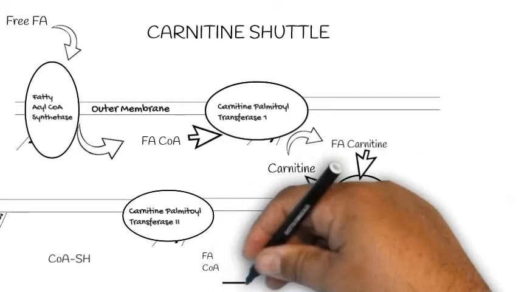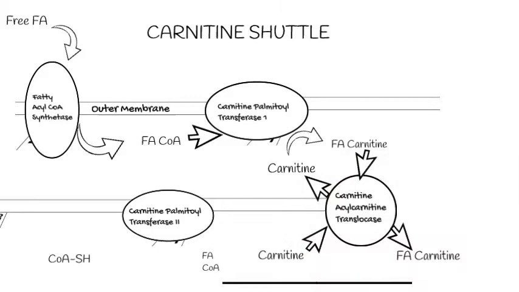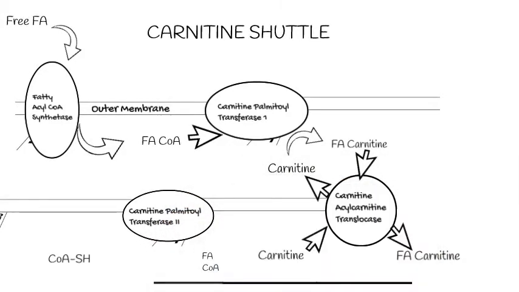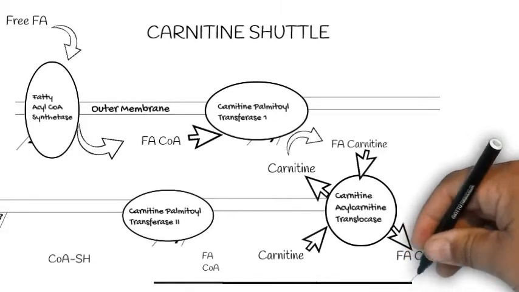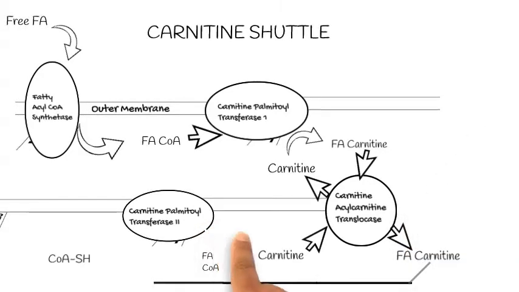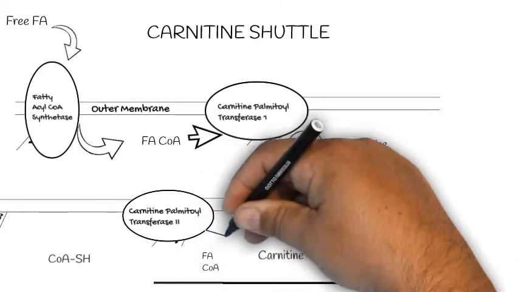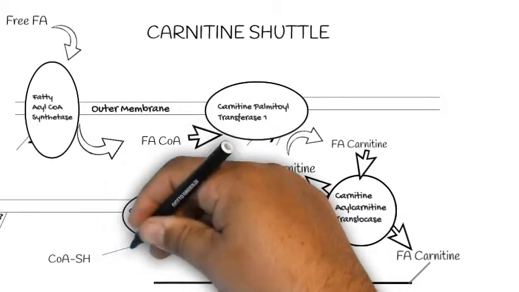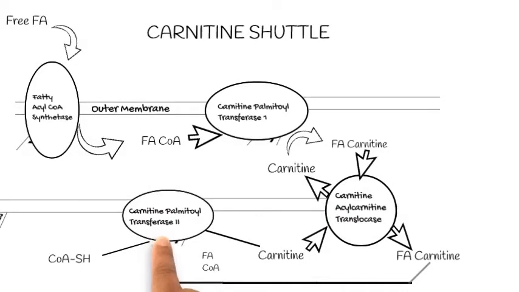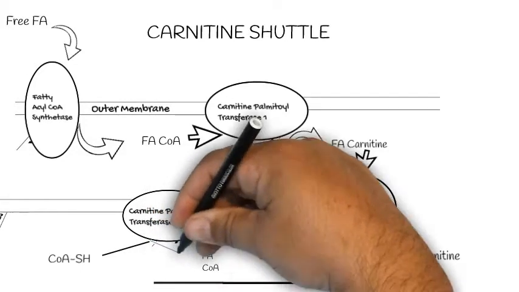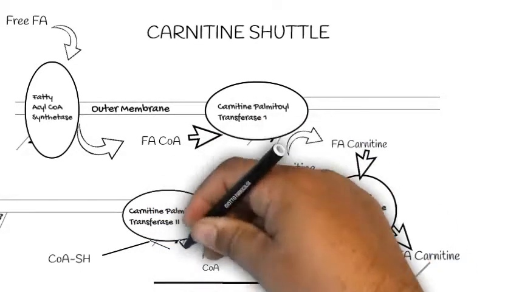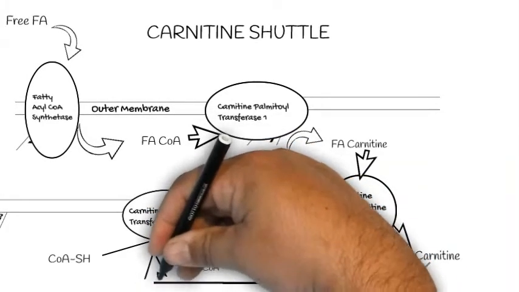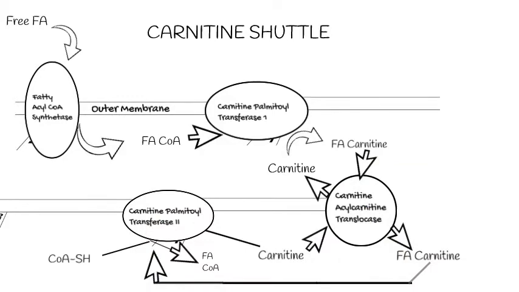This fatty acyl carnitine needs to be converted back to fatty acyl coenzyme A. And so the fatty acyl carnitine goes to carnitine palmitoyl transferase 2, or CPT2. And here the carnitine is removed and the coenzyme A is added to form fatty acyl coenzyme A. It is this fatty acyl coenzyme A that will undergo beta oxidation.